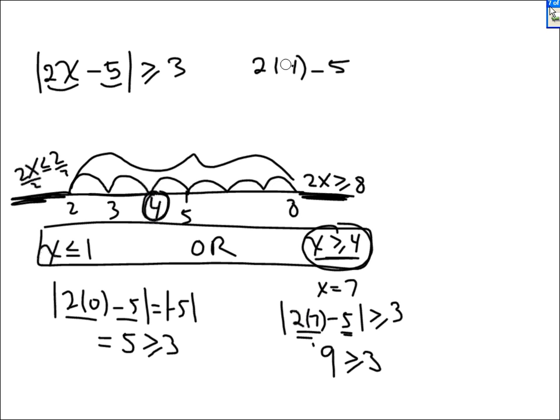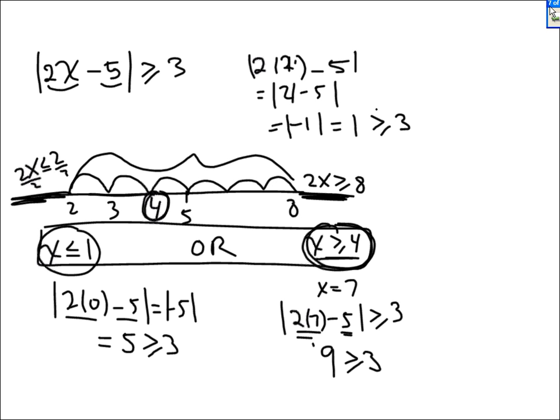Let's try 2. 2 is not less than 1, and 2 is clearly not bigger than 4. So you get 4 minus 5, which is negative 1, and the absolute value is 1. And that is not bigger than 3. Okay, that is not bigger than 3. Distance.